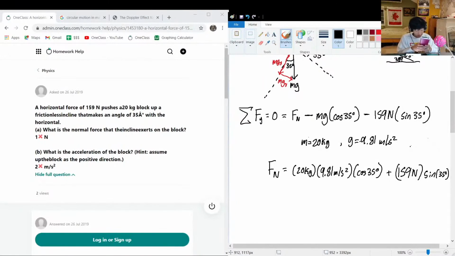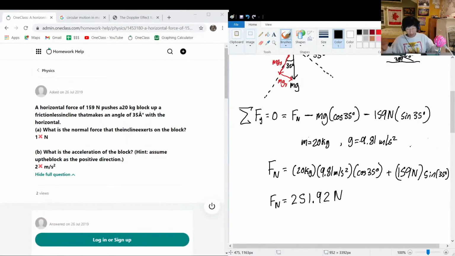So let's set this in. 20 times 9.81 times cos 35 degrees. Make sure your calculator's in degrees. If you do it in radians, big ouch, I'll tell you that. Okay, so plus 159 times sine of 35 degrees, and our final result here for the normal force is equal to 251.92 newtons.